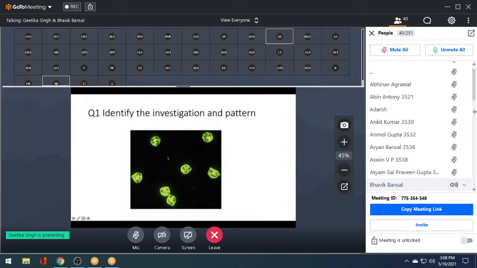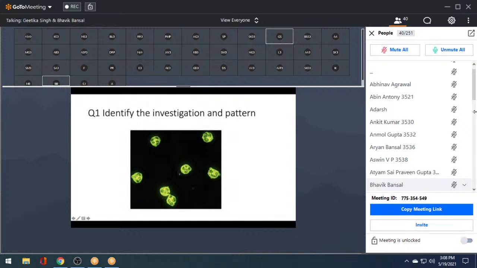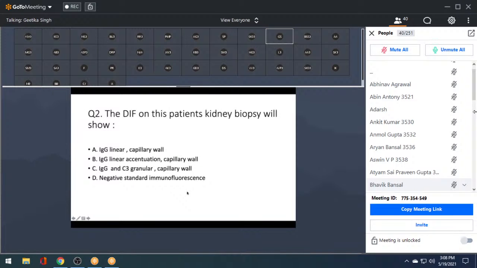It seems typical. Yes, you can see granular cytoplasmic staining along with interlobular accentuation. So this is classical C ANCA: cytoplasmic, with accentuation between the nuclear lobules of the neutrophils.